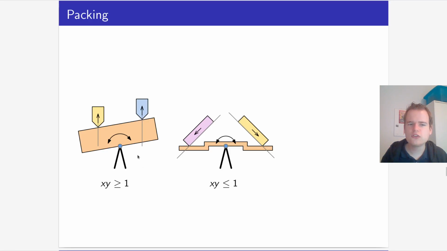And for this they needed two gadgets, one for enforcing x times y is larger or equal to 1, and one for enforcing that the product of two variables is smaller or equal to 1. And the gadgets themselves are not that important now, but what is important to note is that by combining these two gadgets you can enforce such an equality constraint.